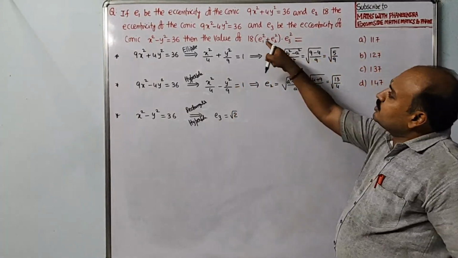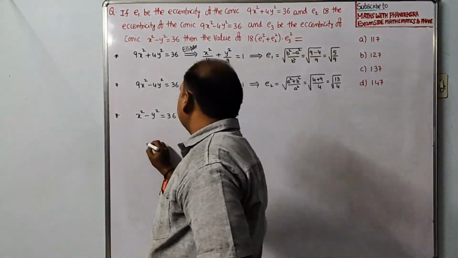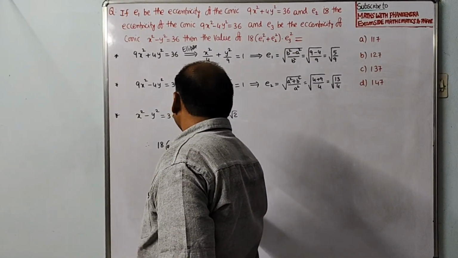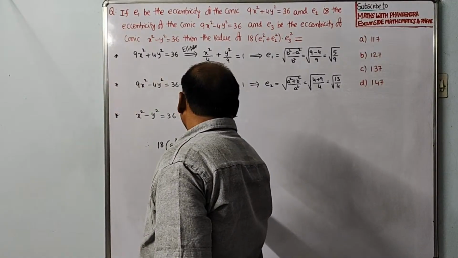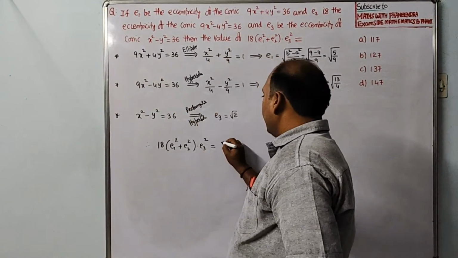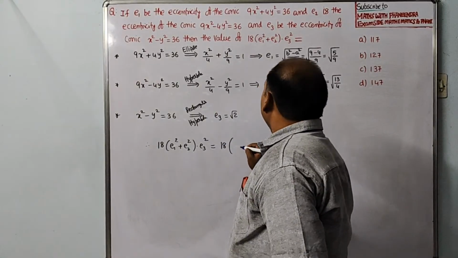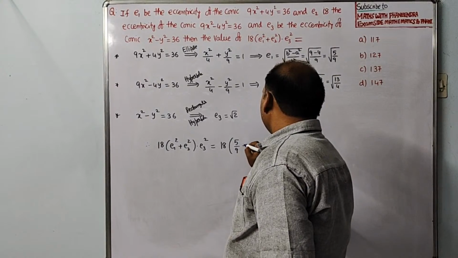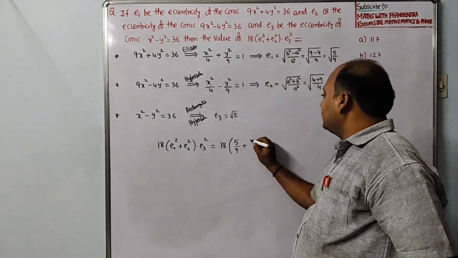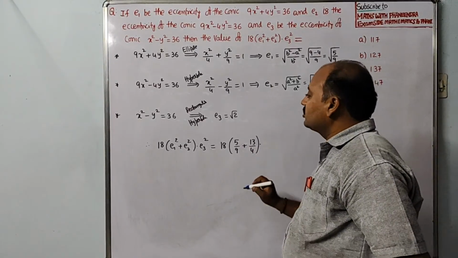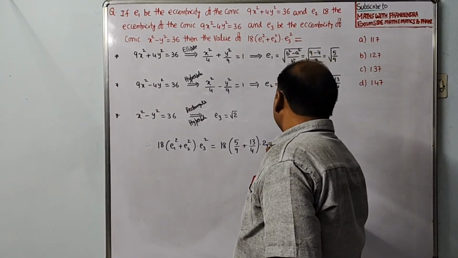Later, what they are asking to calculate: 18 into (e1² plus e2²) into e3². So 18 into, e1² is 5 by 9, plus e2² is 13 by 4, into e3² which is 2.